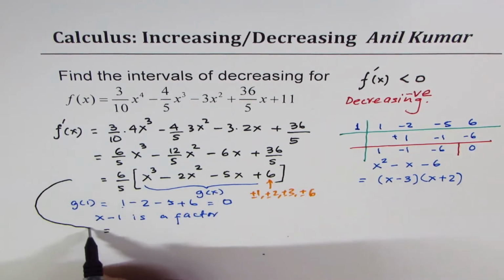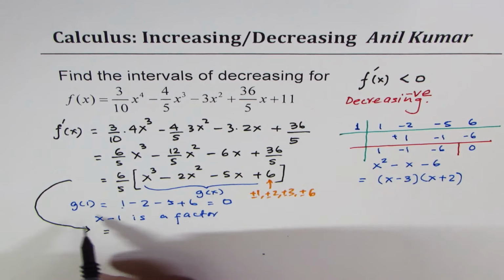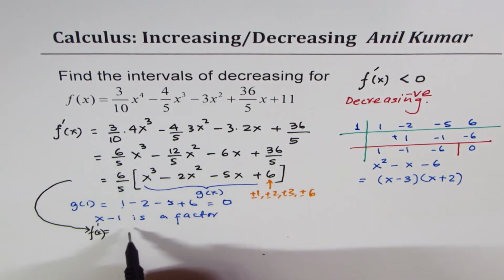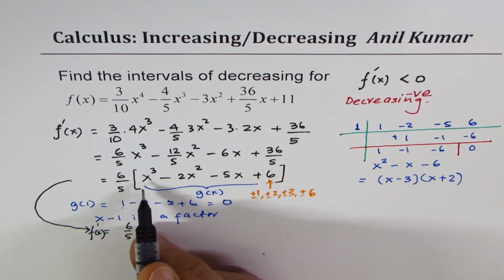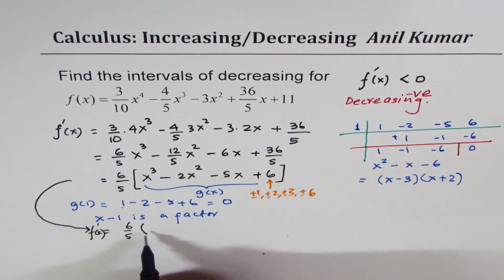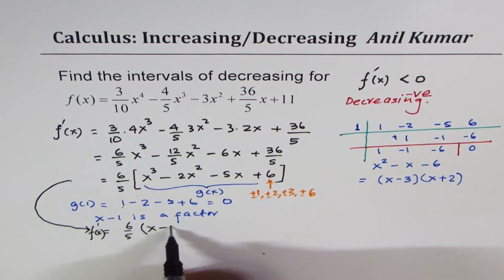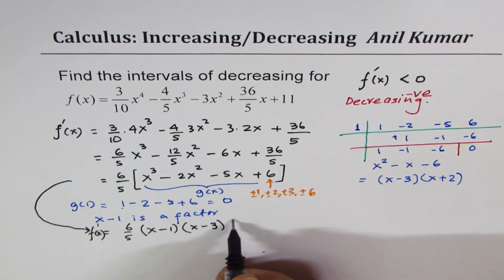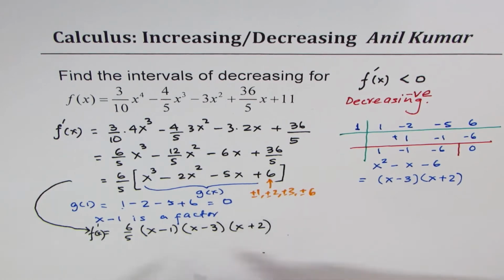So we are writing f dash x, right? So f dash x is equal to 6 over 5 times x minus 1 times x minus 3 times x plus 2, right? So that is the derivative.